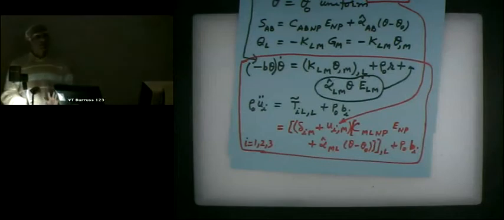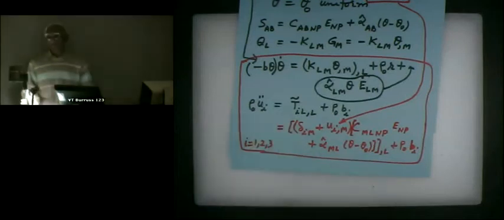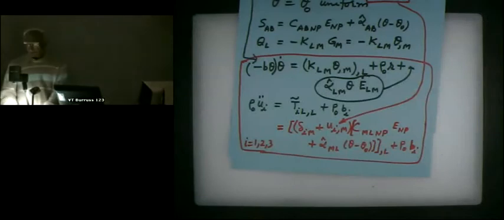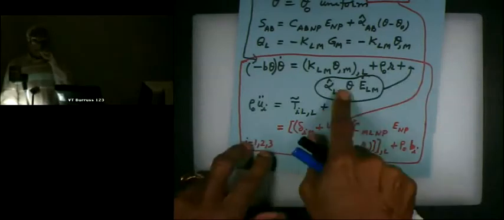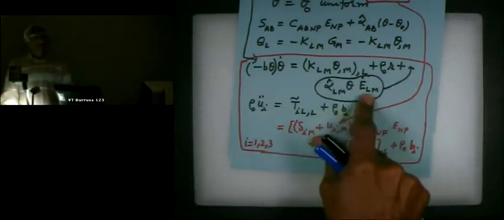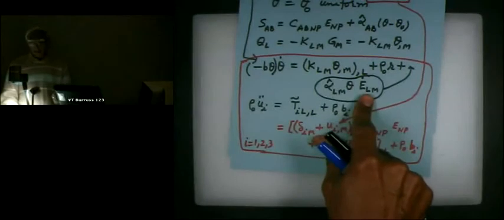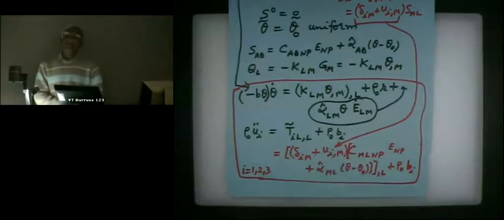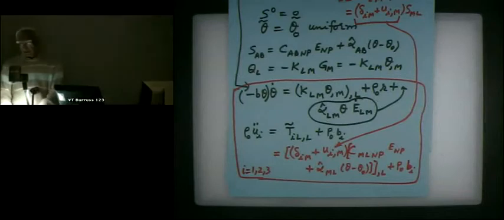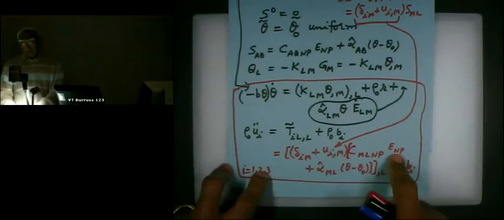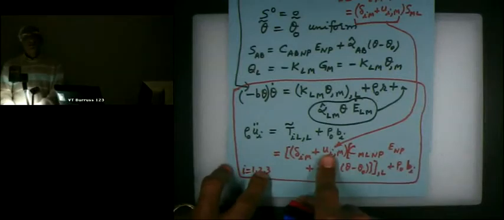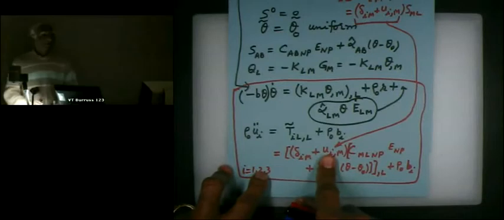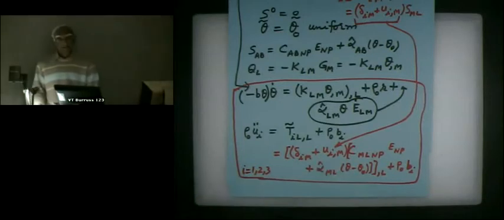The ones we have derived are not linear, because you can see theta multiplying with E. E is displacement. E has displacements in it. E itself is quadratic in displacements. And you see E here multiplying with U. So these equations are not linear.